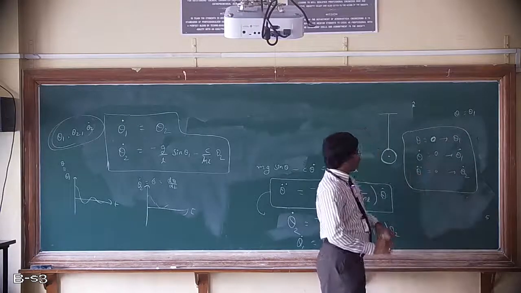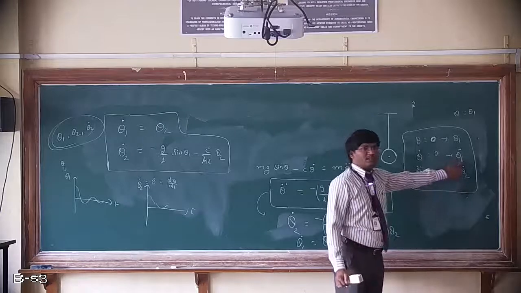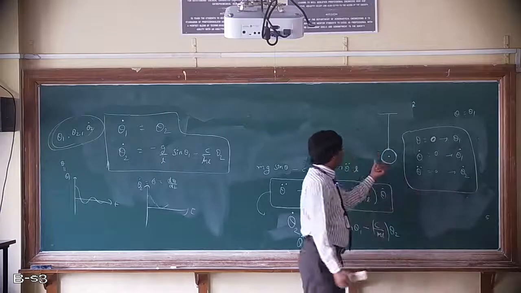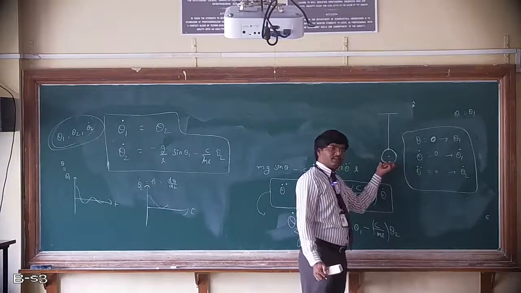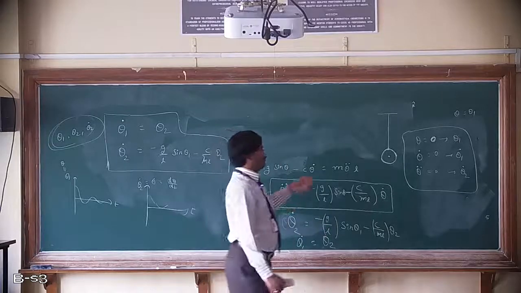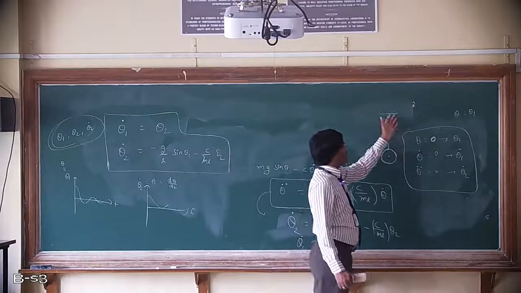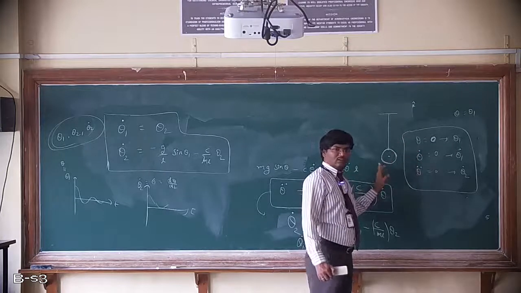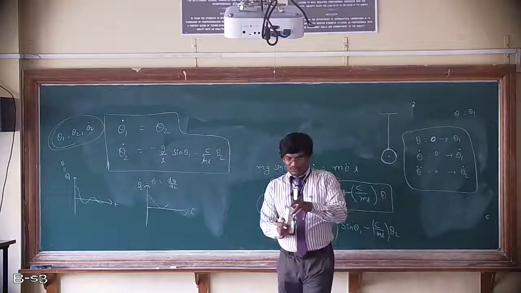So that is nothing but the rate of change of your state variables being 0. At this equilibrium point, when disturbance, velocity and acceleration are 0 for the system, right? For the simple pendulum.